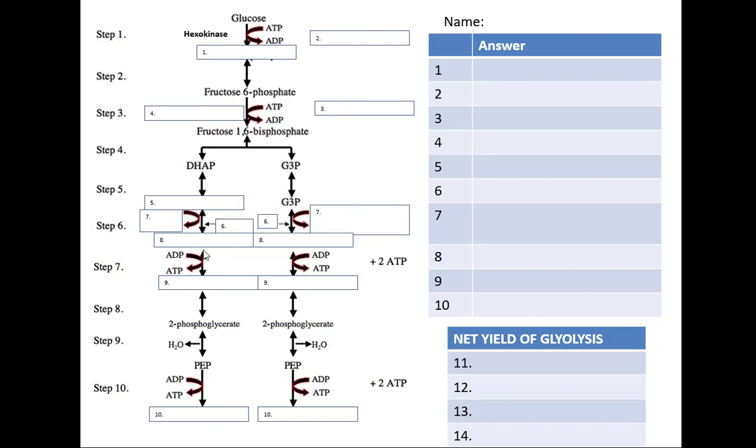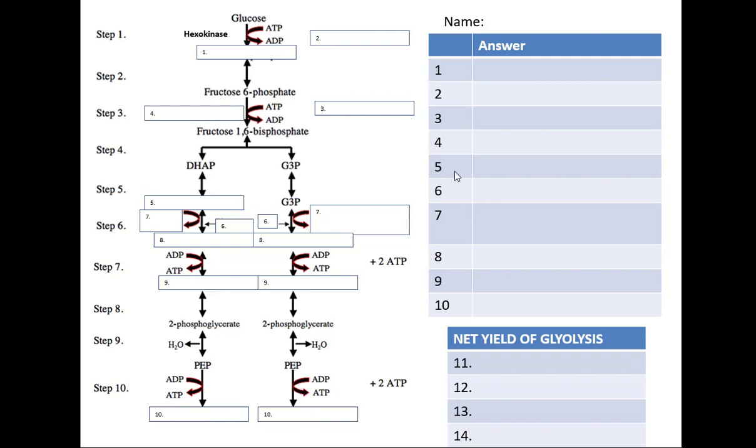And take out 1 phosphate group, so it becomes 3-phosphoglycerate. Did you remember? But in this 3-phosphoglycerate, the phosphate group moves to the second site, so it becomes 2-phosphoglycerate. It releases water, becomes PEP, and we can get the last phosphate group from the PEP and become what is the last product? That is pyruvate.